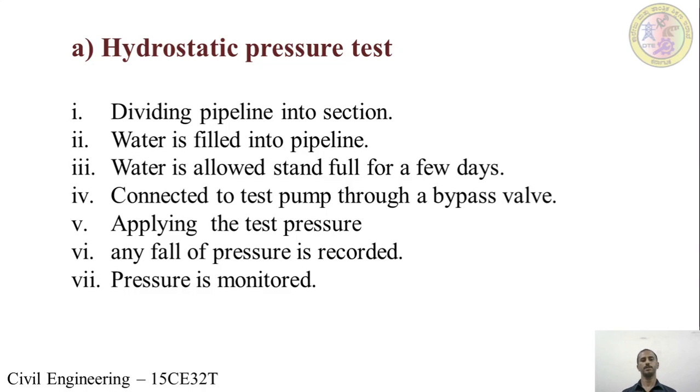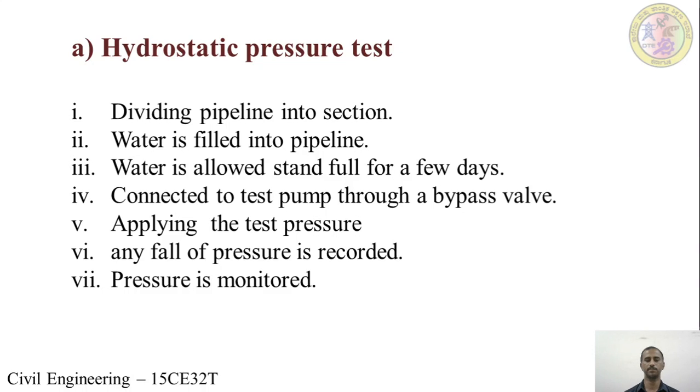Then this section is connected to a test pump through a bypass valve and the test pressure is applied. The magnitude of test pressure is 0.5 Newton per mm square or maximum working pressure plus 50%, whichever is higher.